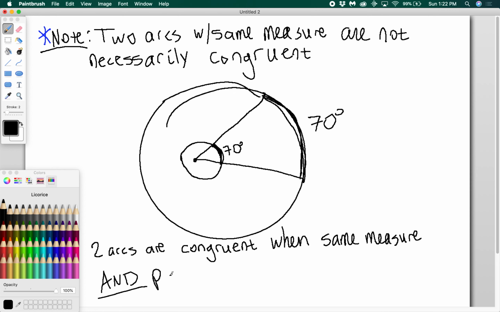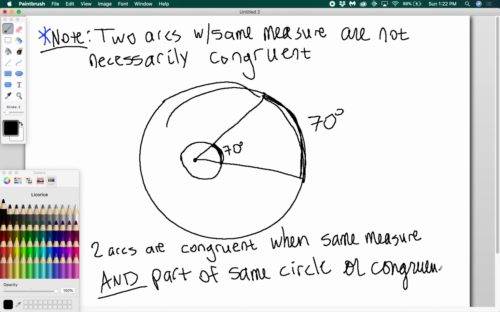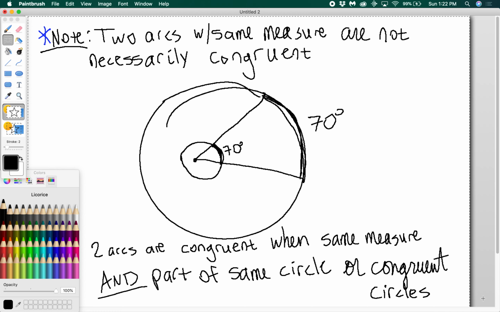So they're either part of the same circle or congruent circles. Okay, so that's just an important thing to keep in mind when you're thinking about congruent arcs and whether two arcs are congruent or not.